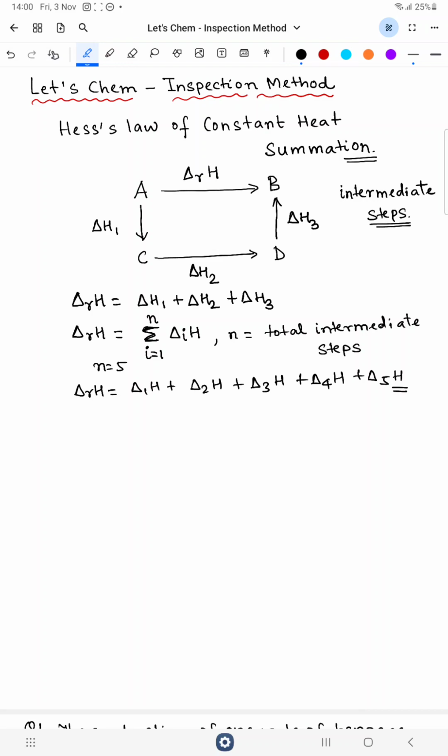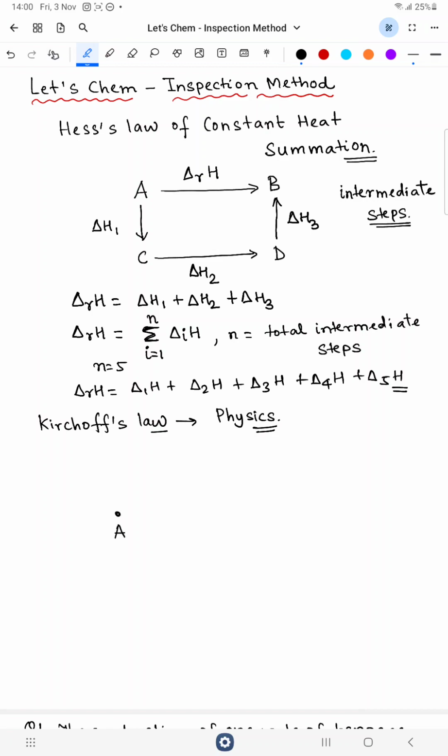This law, that is Hess's law of constant heat summation, is somewhat similar to the concept of Kirchhoff's law that you would have read in current electricity in physics.